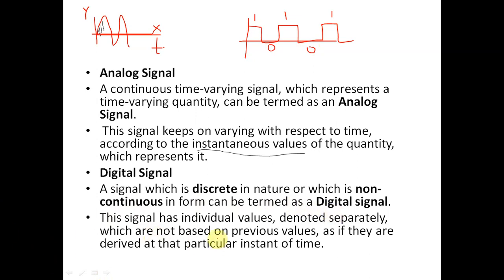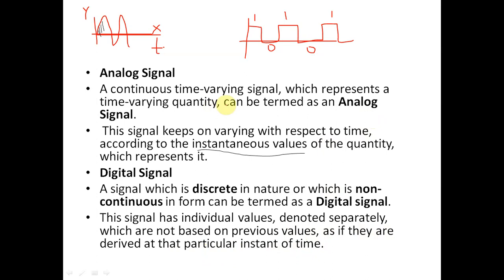This signal has individual values. Look here, this signal has individual values denoted separately. This value is separately denoted as 1, this value is denoted separately as 0, which are not based on previous values, as they are derived at the particular instant of time.